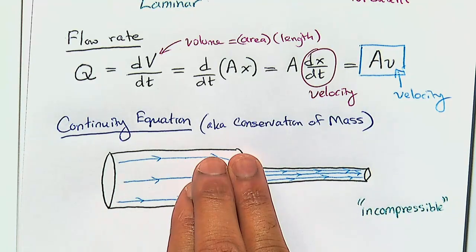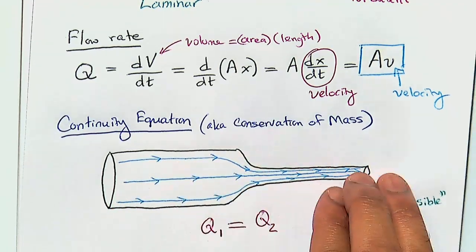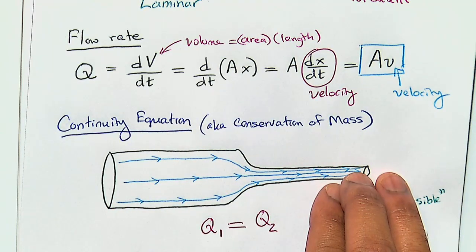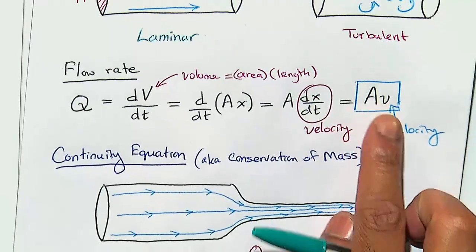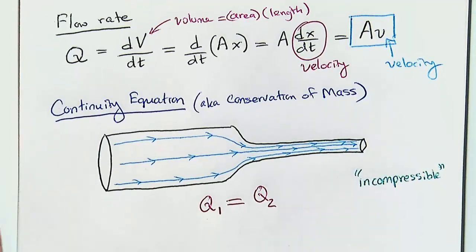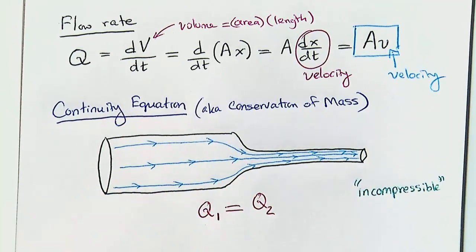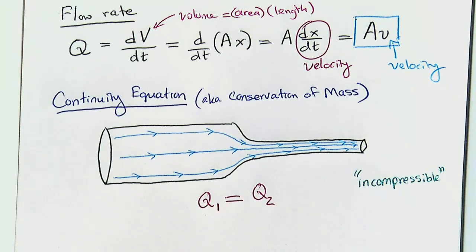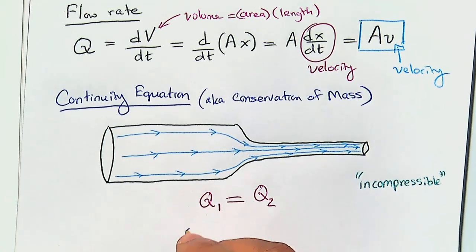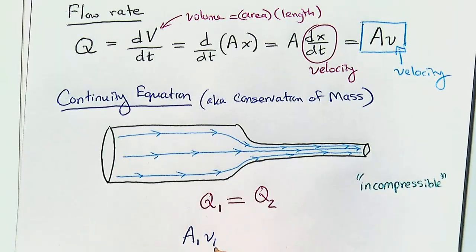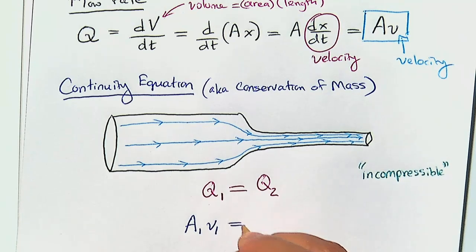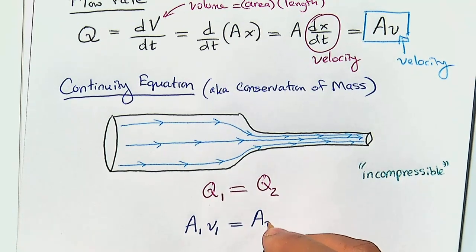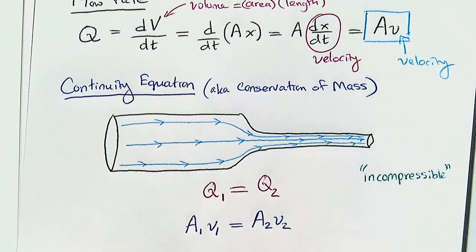So if this much volume of water is going in, that much volume of water has to come out the other side. We can use our relationship that area and velocity are related with the flow rate, and say that area 1 times velocity 1 is equal to area 2 times velocity 2.